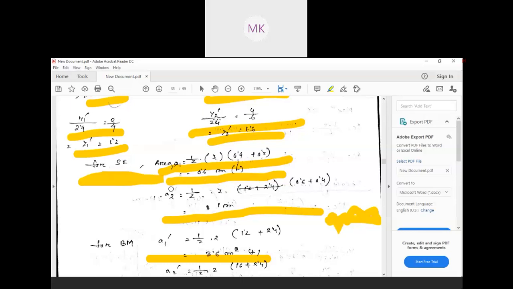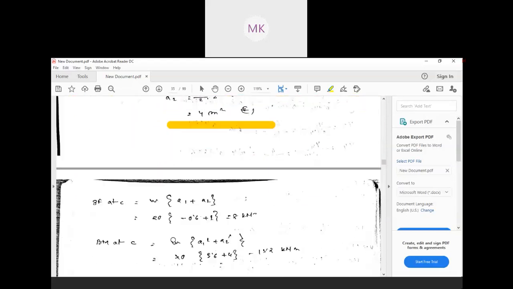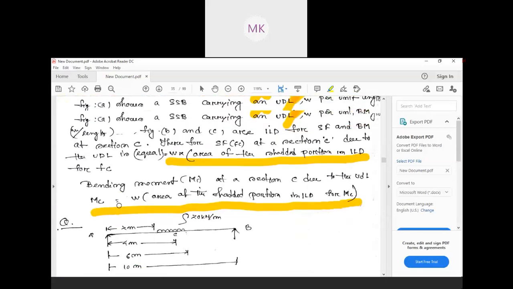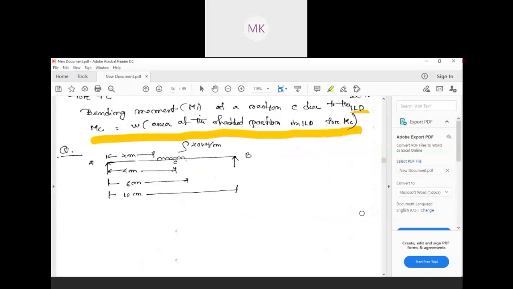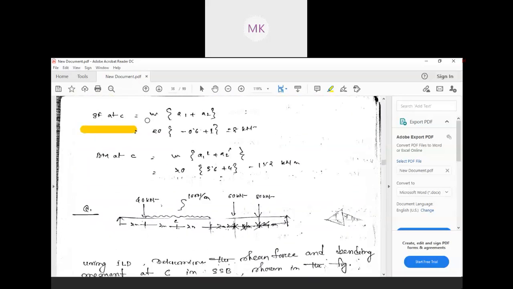So we need to find out that area by using this formula. So after finding out this area, here you see as given in this formula, SF is given by W into area of the shaded portion in ILD. So what we did, see, SF at C, W into area of that shaded portion.